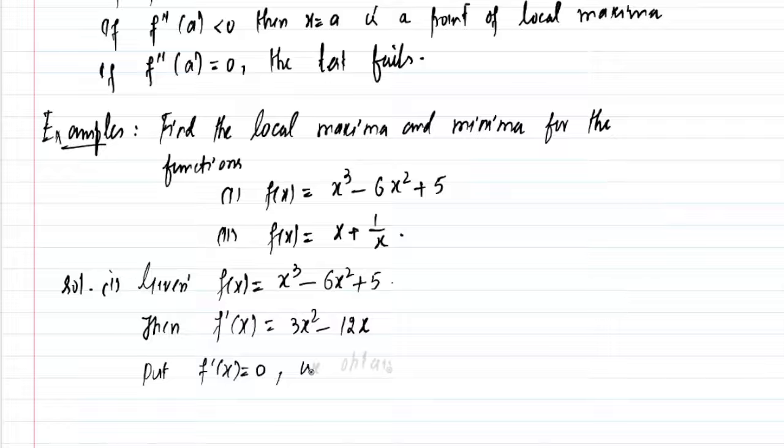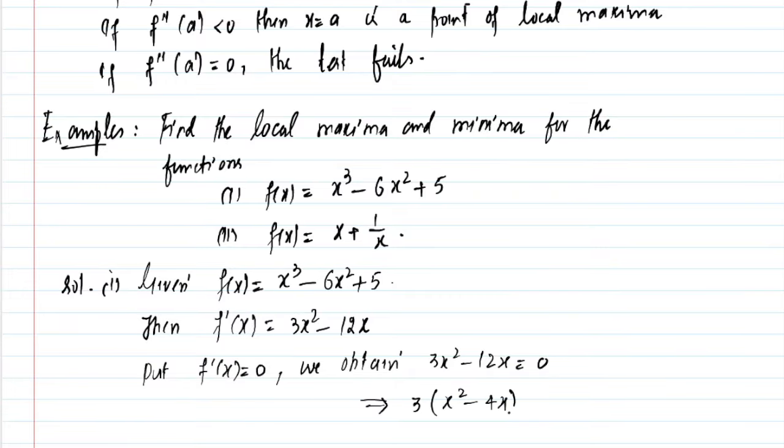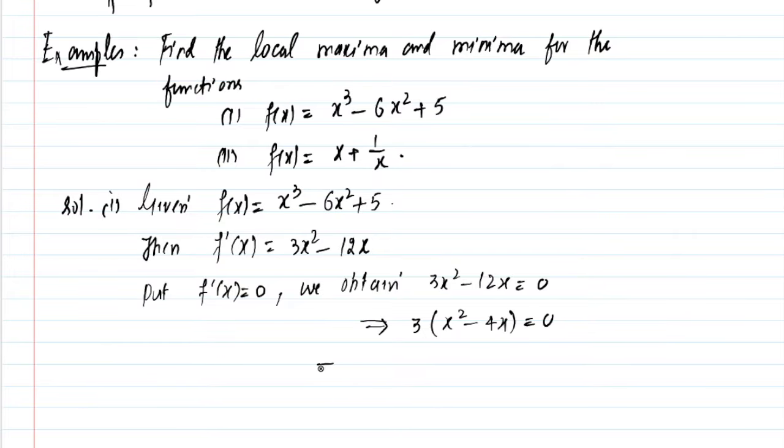We obtain 3x squared minus 12x equal to 0. This implies 3 into x squared minus 4x is equal to 0. So this implies x into x minus 4 is equal to 0. So this implies x equal to 0 or x is equal to 4.